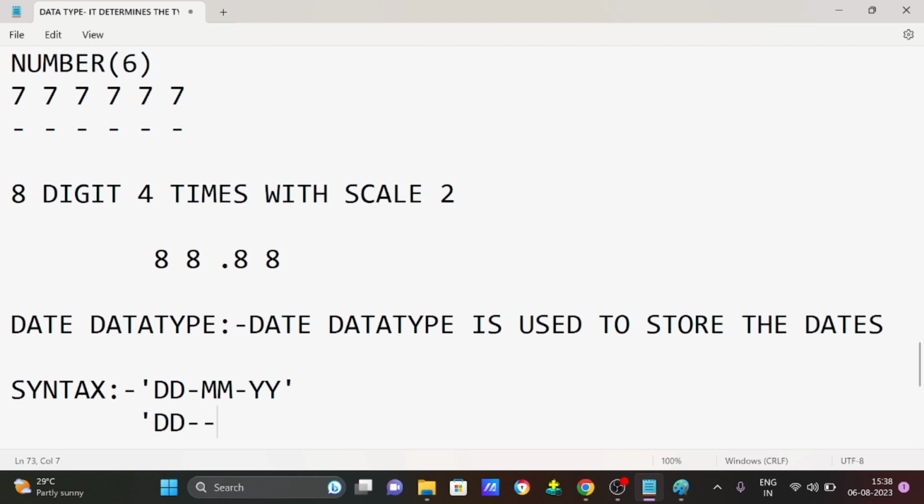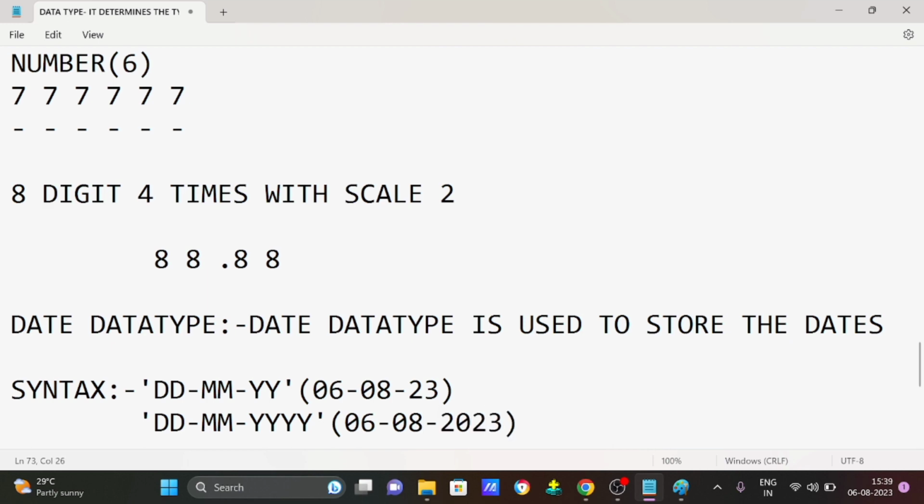date, month, and year, this time with the full year. For example, today's date is 6th August 23. Here the format would turn into 6 August 2023.